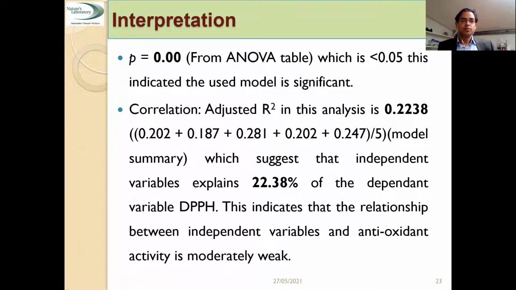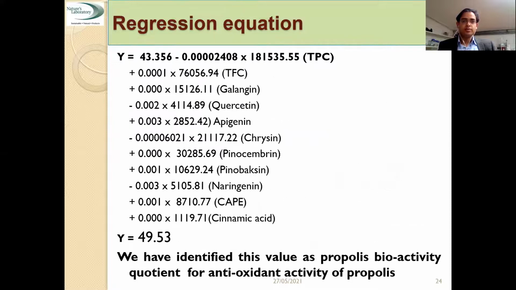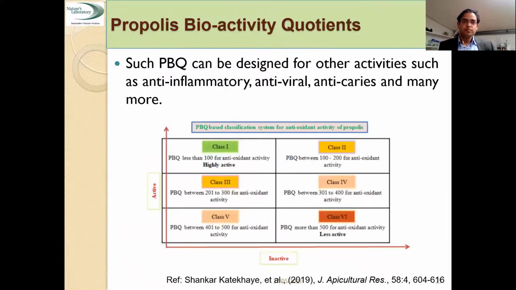So more studies and more robust data are required to increase the confidence and the predictability percentage in this case. In this regression equation, what we found was 49.53 as the propolis bioactivity quotient for antioxidant activity by using our model and the equation.